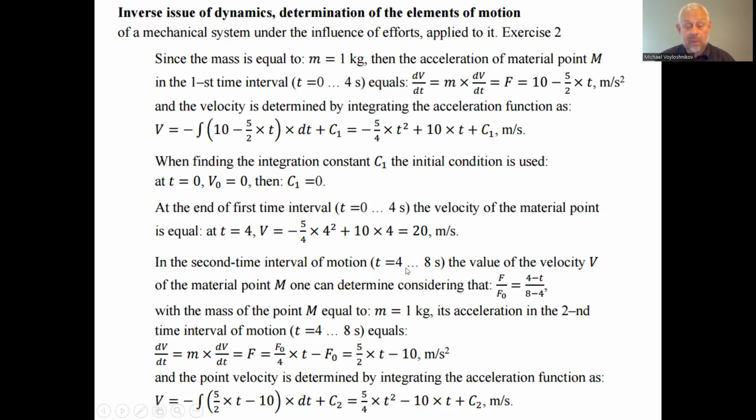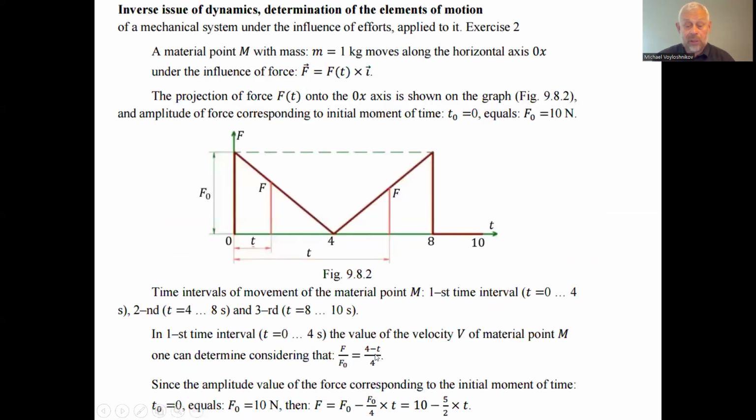For the second time interval of motion, from 4 to 8 seconds, we can find the value of the velocity by determining the proportion in the second triangle. So we have on the diagram two similar triangles, with proportional sizes.